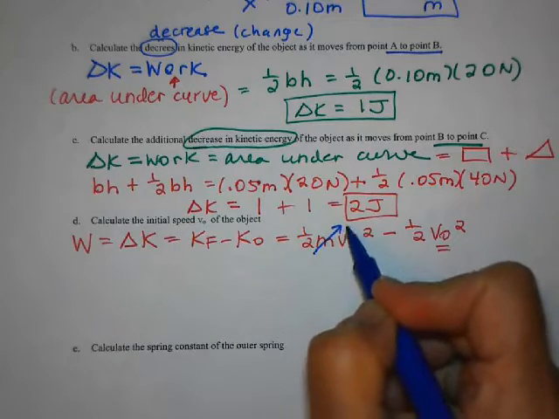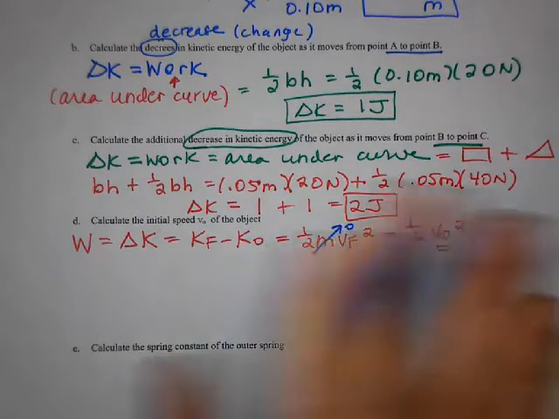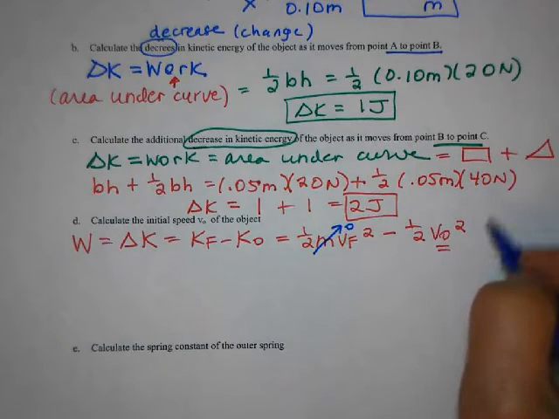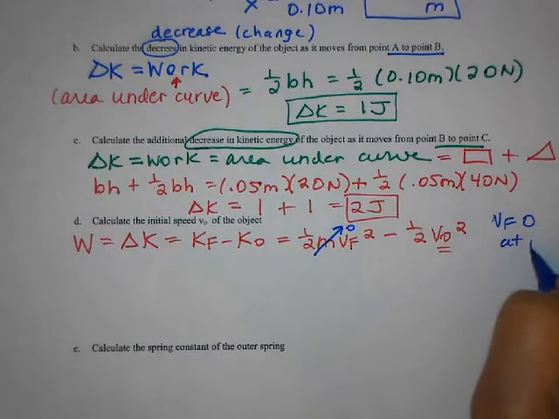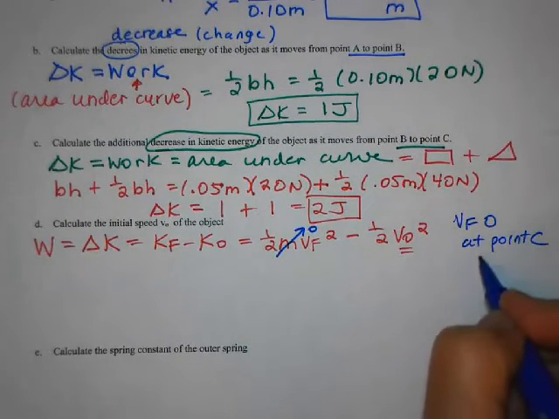So that means this is 0. That whole term goes to 0. Up and to the right means 0, and anything times 0 is 0. So again, how did I know that? I know the final velocity is 0 at point C because it said it came to rest.